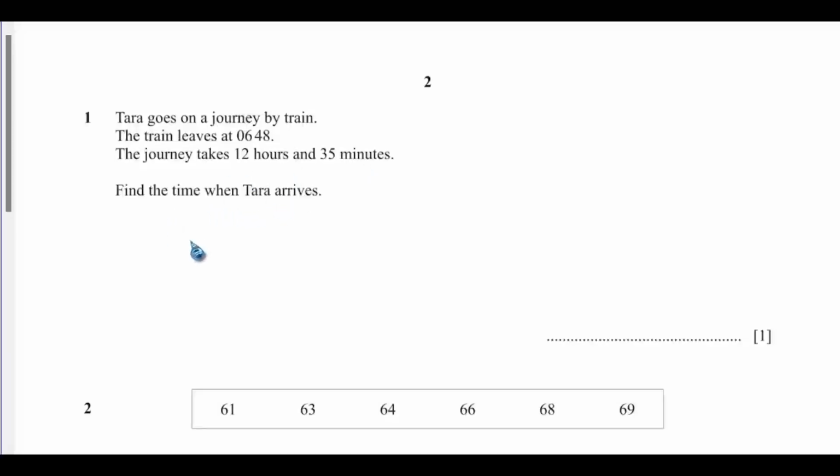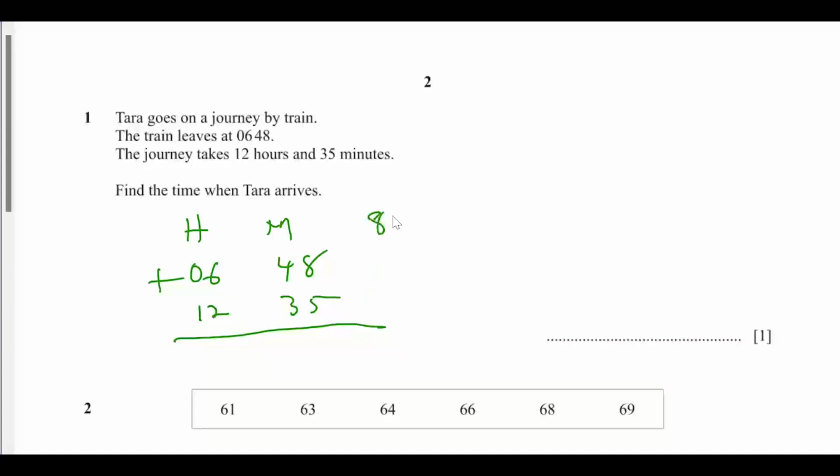So you can have the hour and the minute here respectively. If the train leaves at 06:48, then it takes 12 hours 35 minutes, so you need to add these two together. 48 add 35 will be 83.